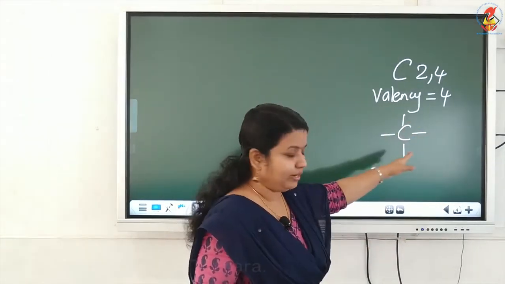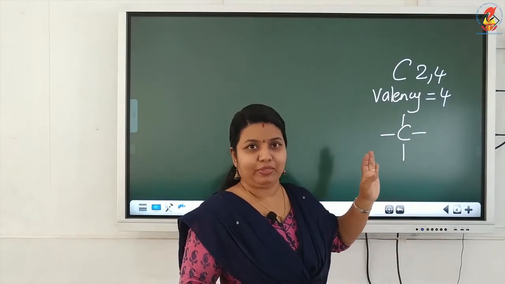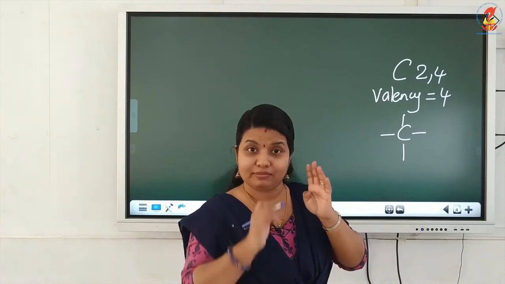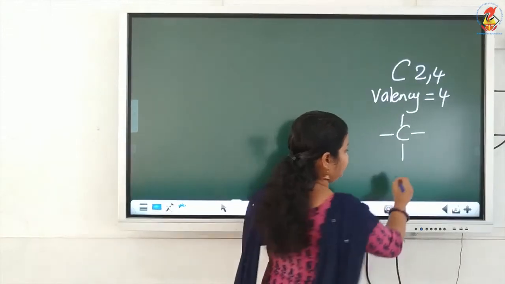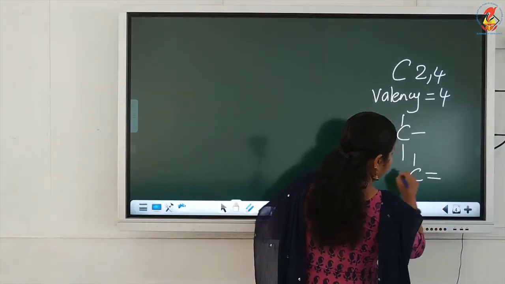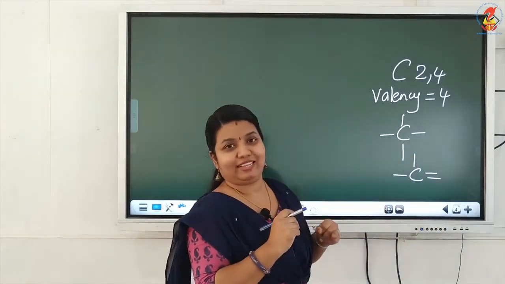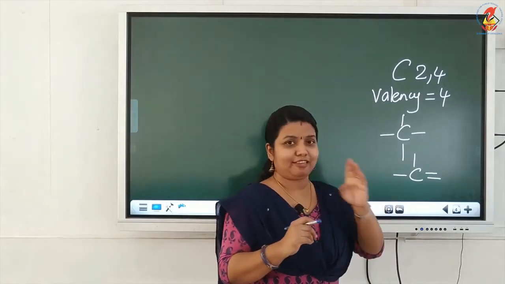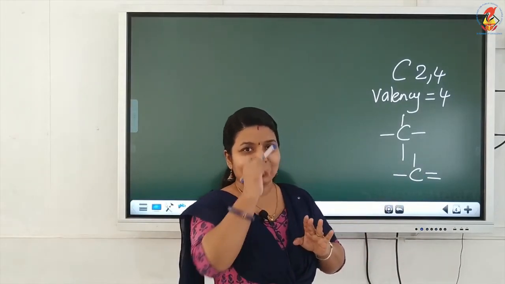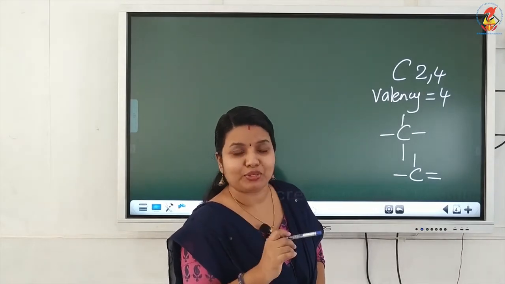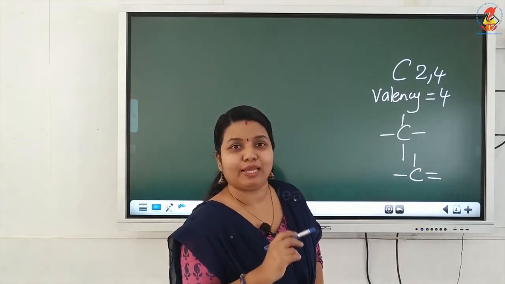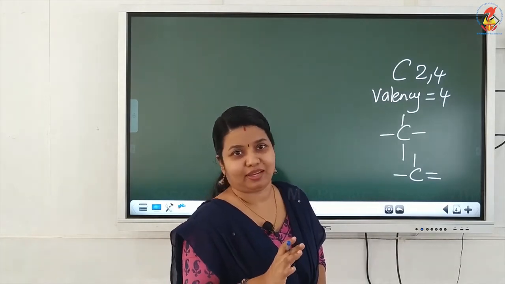I have drawn only single bonds around carbon, but there should always be 4 bonds only. If one bond is a double bond, then only 2 more valencies are left, making the total valency 4. Is it clear to you? So make sure that we never draw more than 4 lines around carbon.